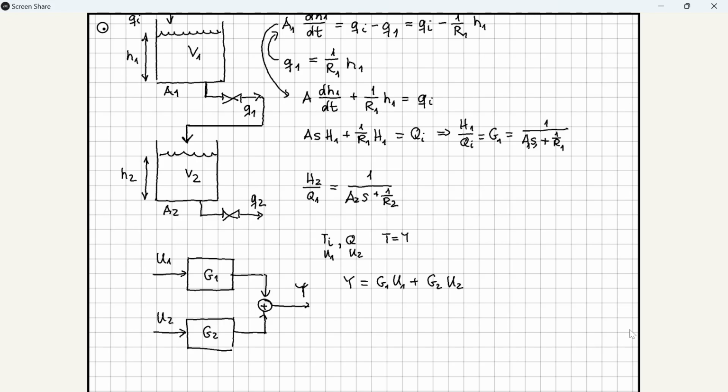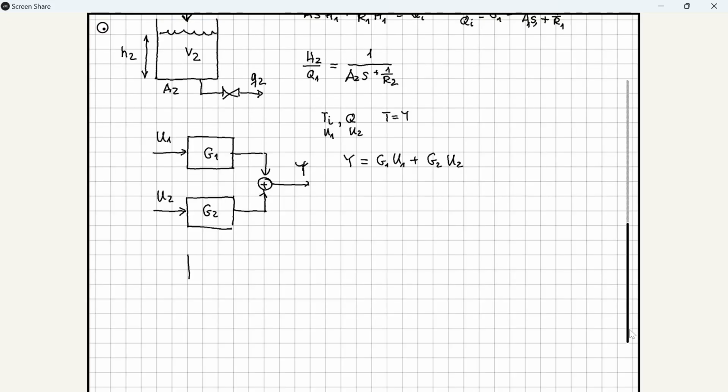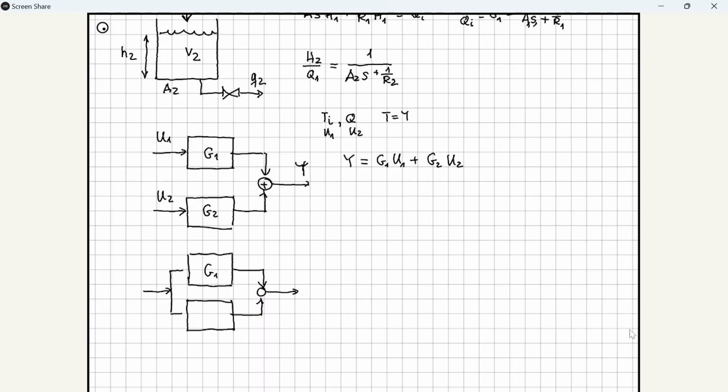And now think of a different scenario where you would have a common inflow, a common input signal, G1, G2, and one outflow.